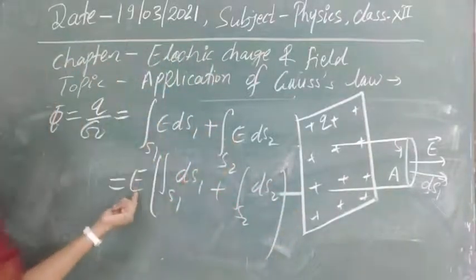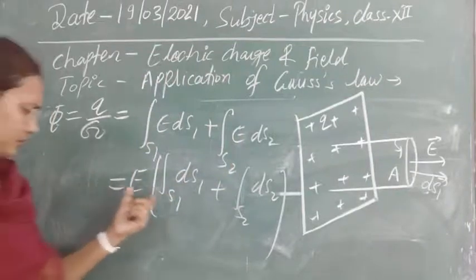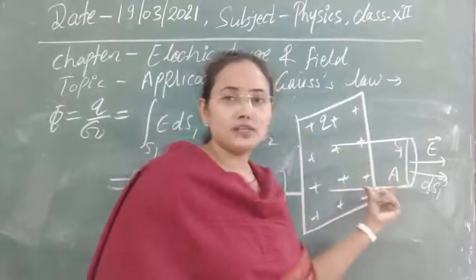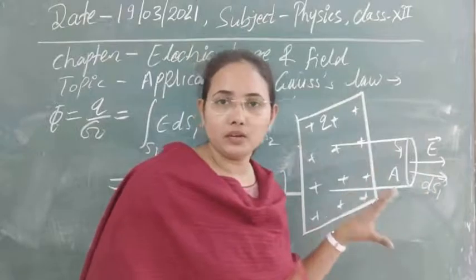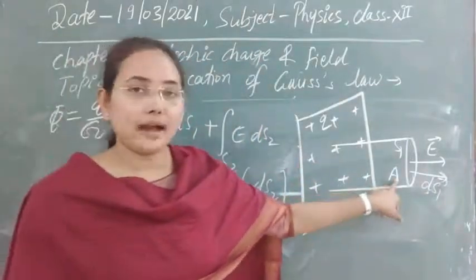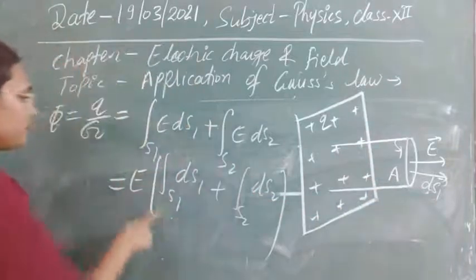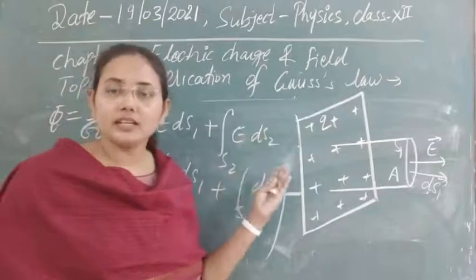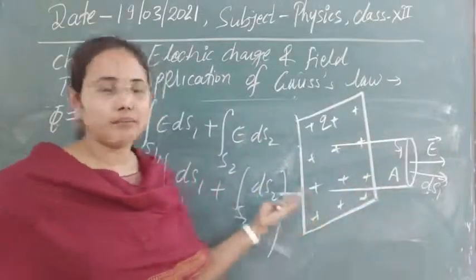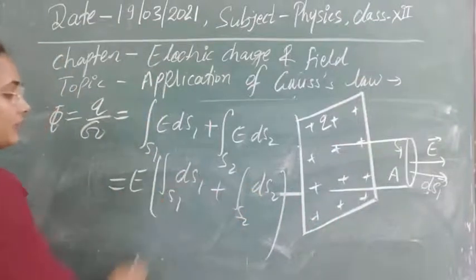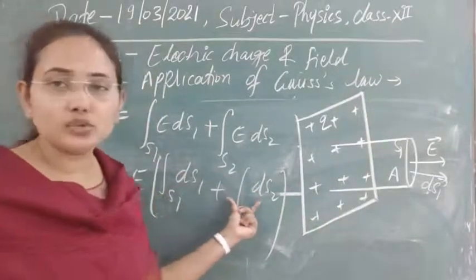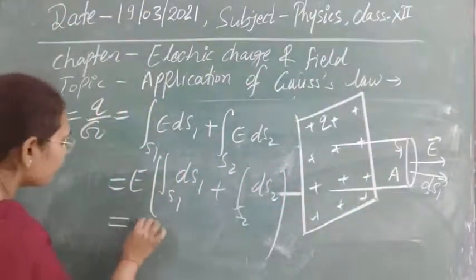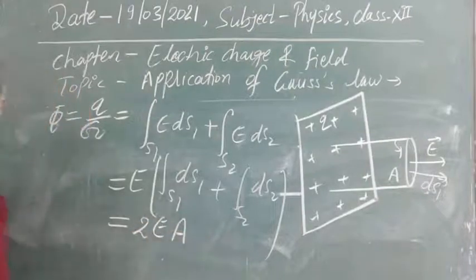Directly I have taken E as common from both terms. Now if we integrate over the whole surface ds1, we get the area of this particular cylinder face, and that area we have taken as A. So in place of this whole integral we can write A, and in the same way for the second side we have taken the same area, as both side areas are the same, so that is also equal to A. So the integral over ds1 and the integral over ds2 are both equal to A, meaning A plus A, 2A will be the total value. So after solution we will get 2EA.